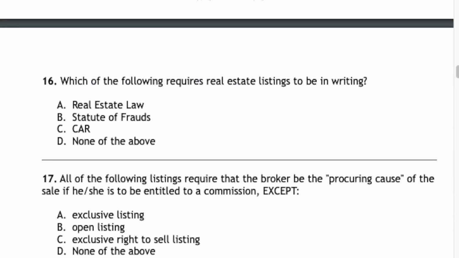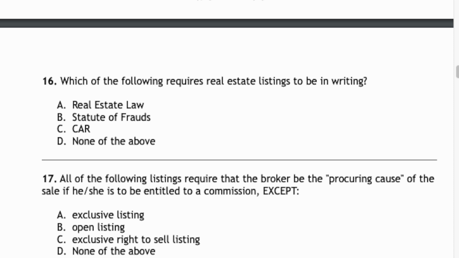Number 16. Which of the following requires real estate listings to be in writing? Is it A, real estate law, B, statute of frauds, C, CAR, D, none of the above?